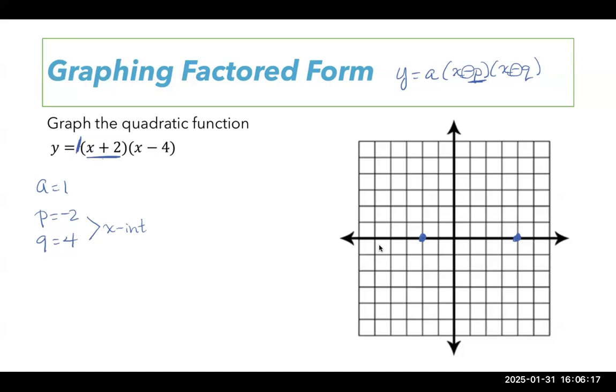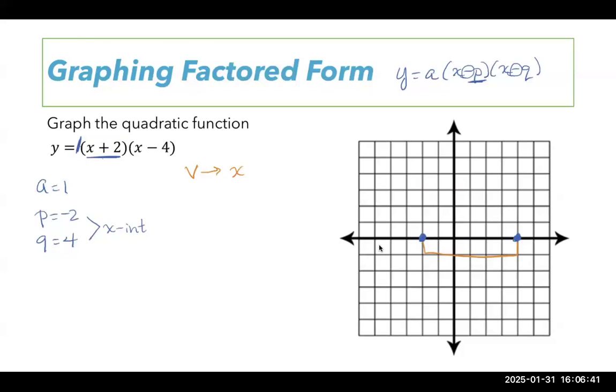Okay, but now what about the vertex? Well, in order to find the vertex, we need to find the x value for the vertex. And the x value is going to have to be something that is halfway between our two x-intercepts.